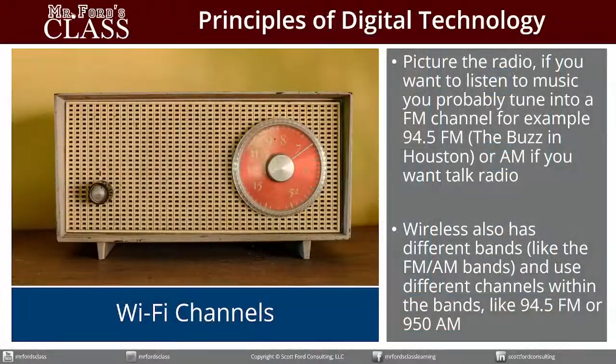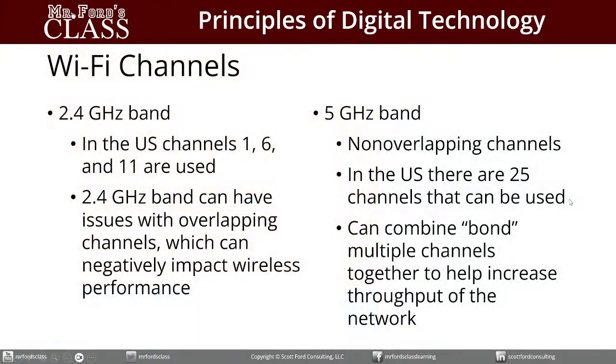Wireless has the same idea. You're going to have bands and you're going to have channels. So hopefully that made sense to you, because we have the 2.4 band and the 5 band. So the 2.4 gigahertz band and the 5 gigahertz band.